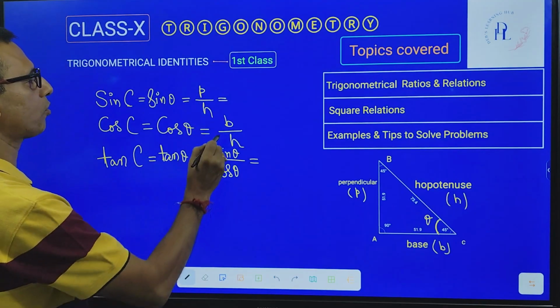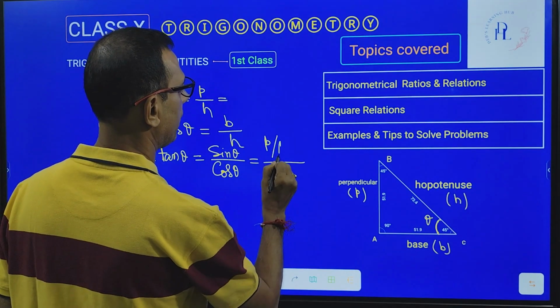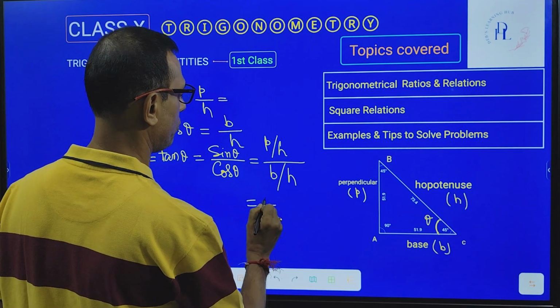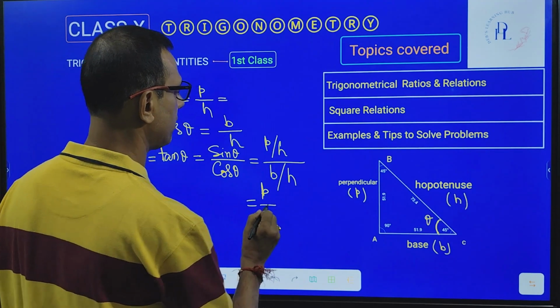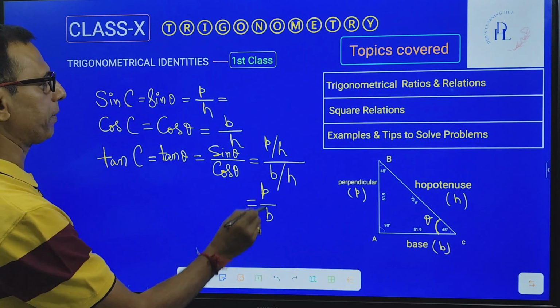Sin theta is P by H, cos theta is B by H. So it is P by H, and the denominator is B by H, which equals P by B, that means perpendicular by base. So tan C equals perpendicular by base.